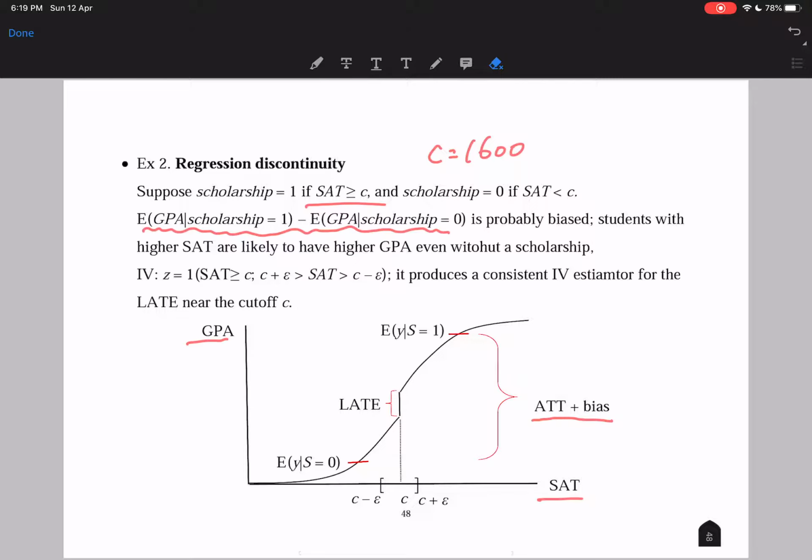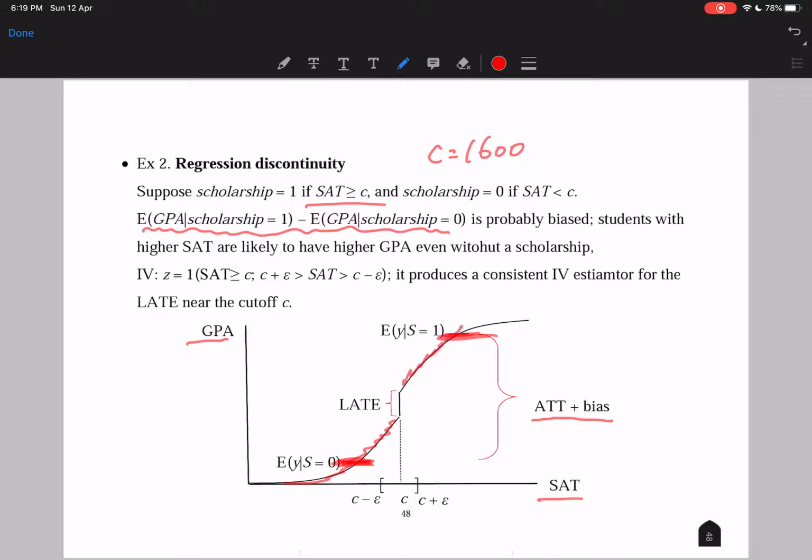Right, and if you run an OLS regression, essentially you take the average, right? So you get the average here: the mean of GPA given scholarship equals 1 minus the mean of GPA given scholarship equals 0. So the average for students without scholarship is roughly here.